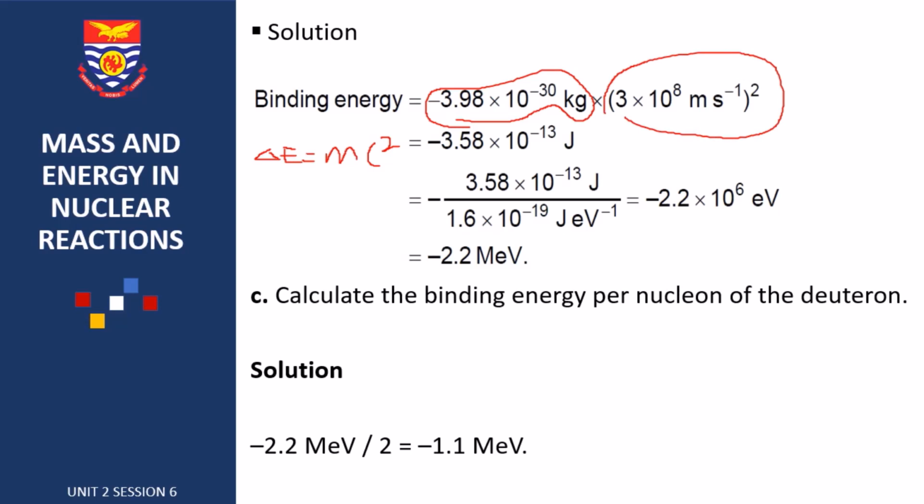When we substitute these values into our equation, it will give us 3.58 times 10 to the power negative 13 joules. So this will be our binding energy.